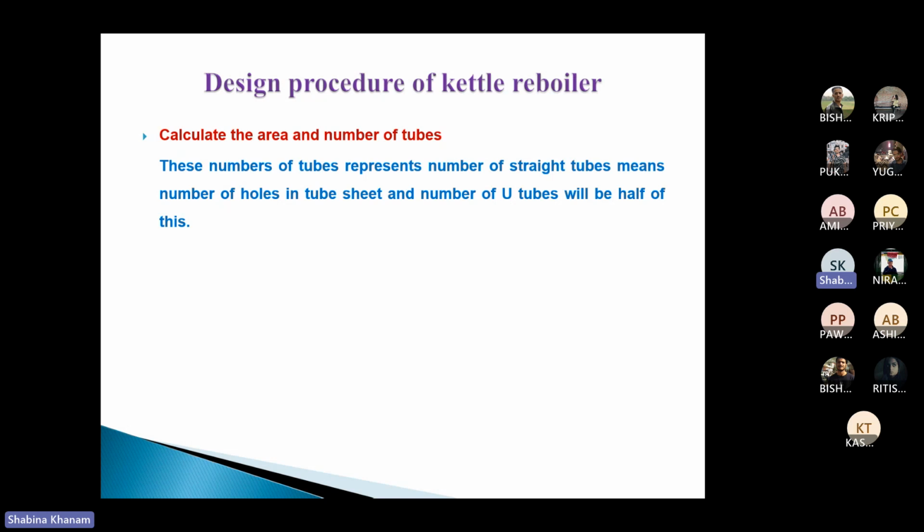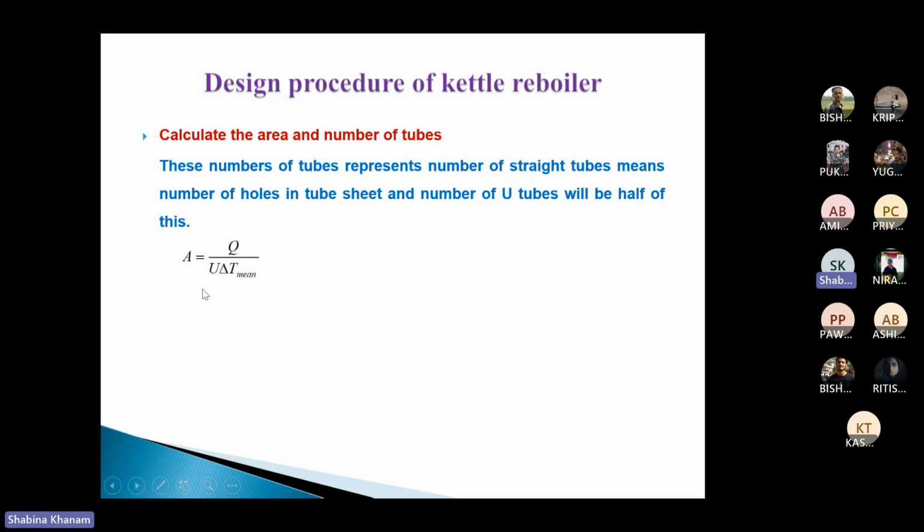Usually we consider U tube because we provide steam, which is considered a cleaner fluid. So we can use the U tube, there is no problem. If the fluid has fouling tendency or is of corrosive nature, then we should consider an internal floating head, not this U tube.